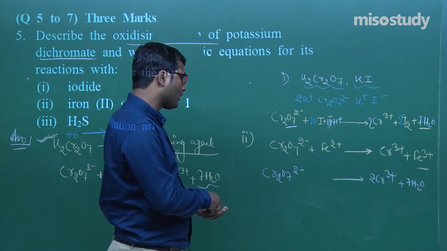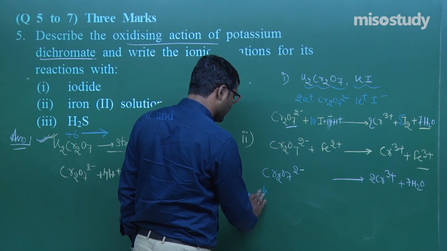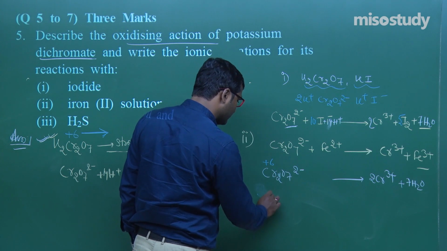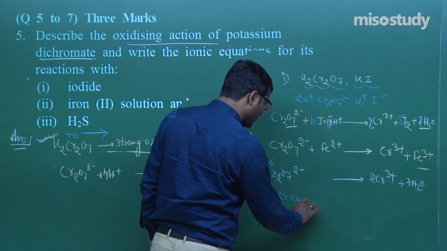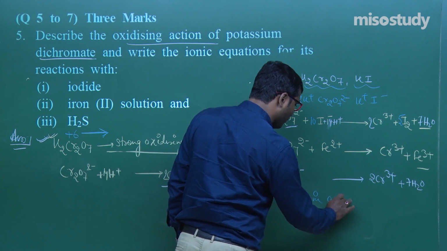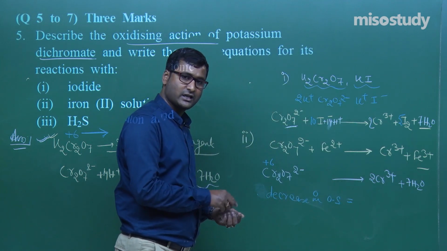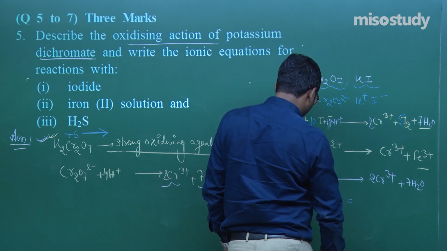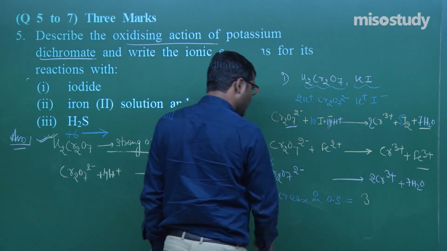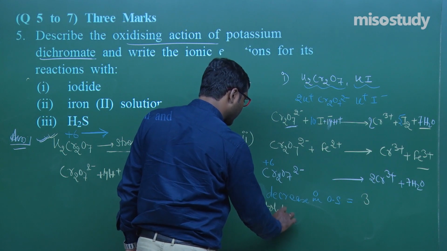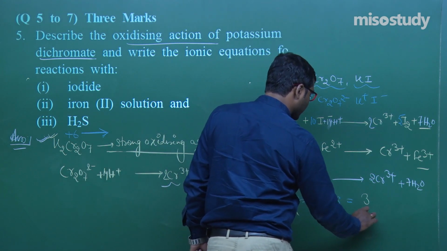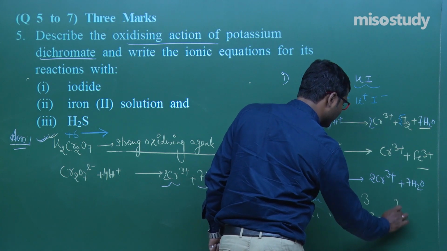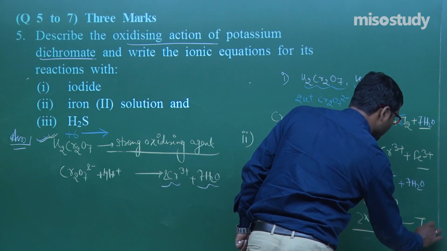Clear? Now the overall decrease in oxidation state, tell me. Here the oxidation state is 6, so the decrease in oxidation state, what is the decrease, my friend? 6 converted to 3, 2 times, so the overall decrease in oxidation state is 2 into 3, that is 6.